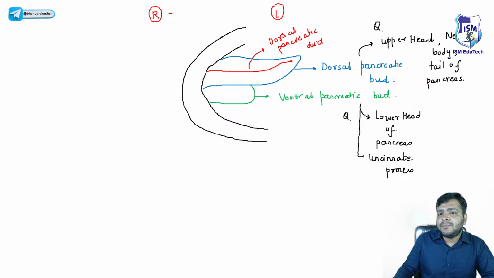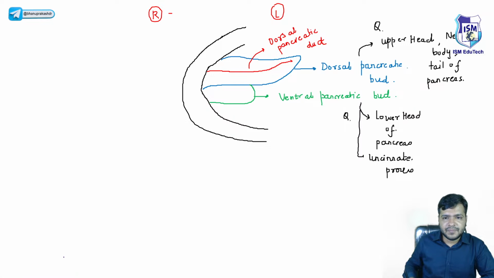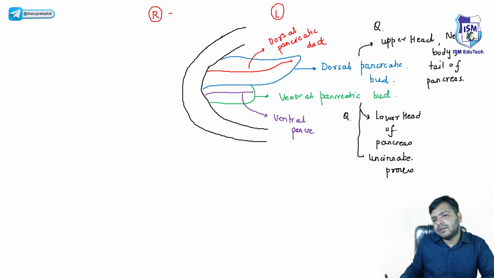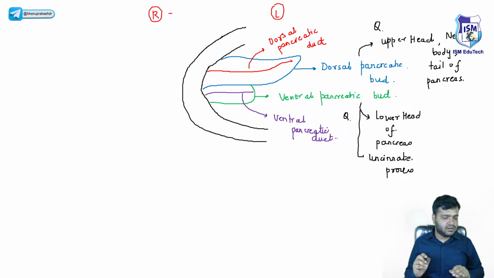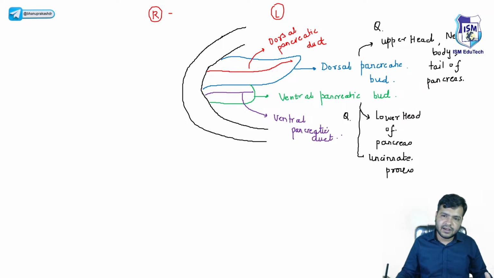So we have the dorsal pancreatic duct, a duct will develop. And below, another duct will develop, and that is called the ventral pancreatic duct.